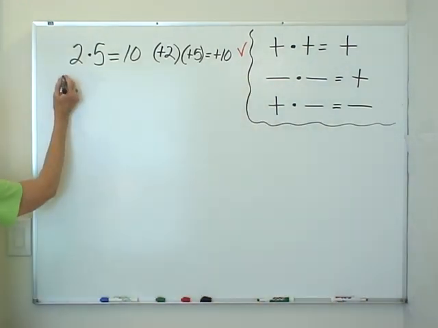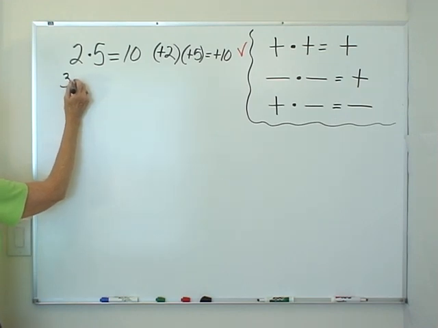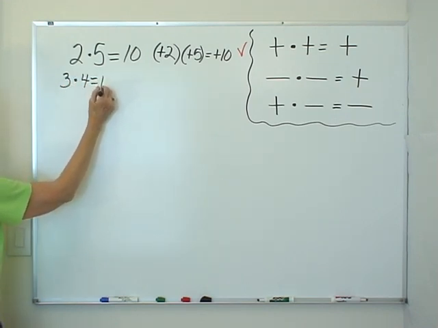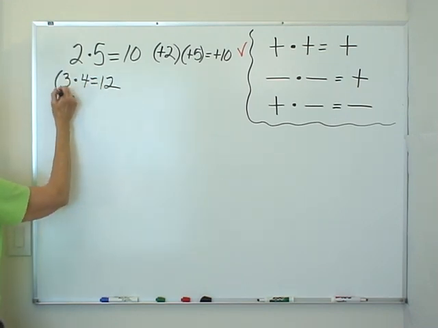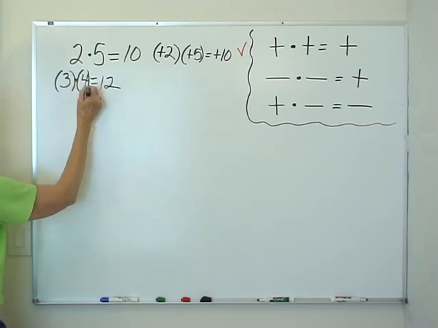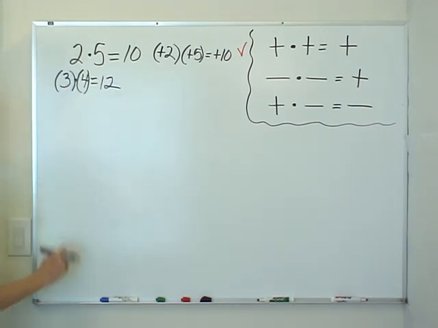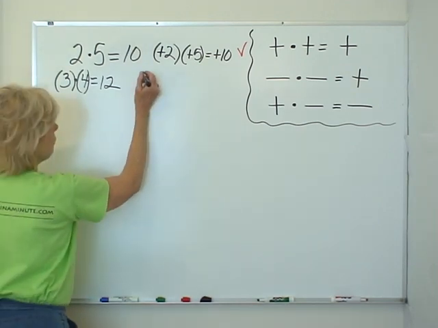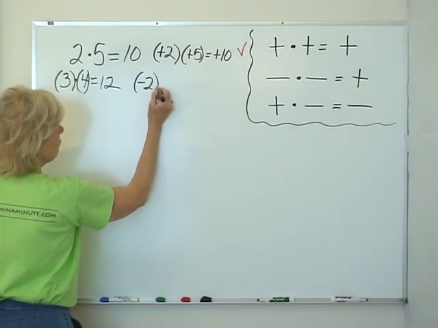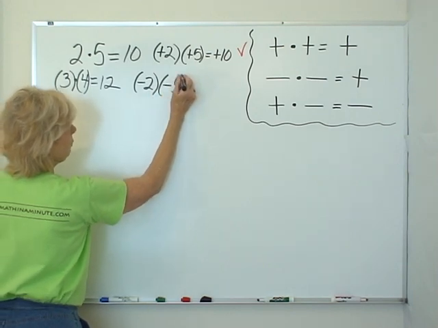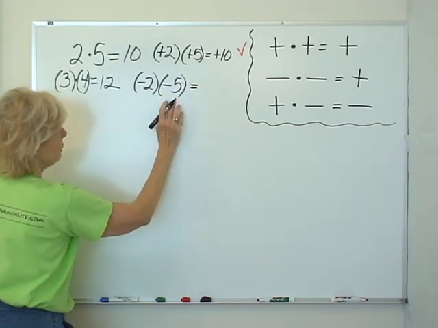In arithmetic again, 3 times 4 is going to be 12, same old, same old. If I have parentheses, it's still the same way of getting it, it's just indicating it wants you to find the product. Now, if I'm in algebra, I could certainly start having these negatives pop up, and I will. So I've got negative 2 times negative 5.